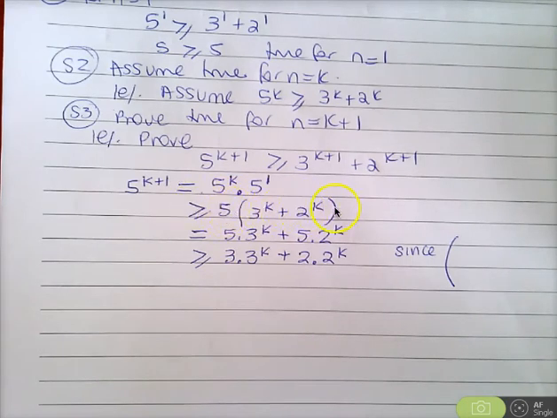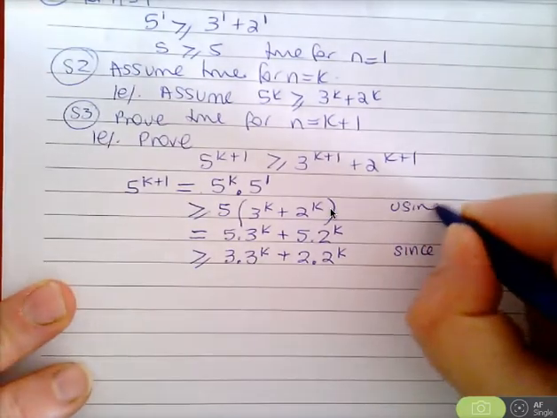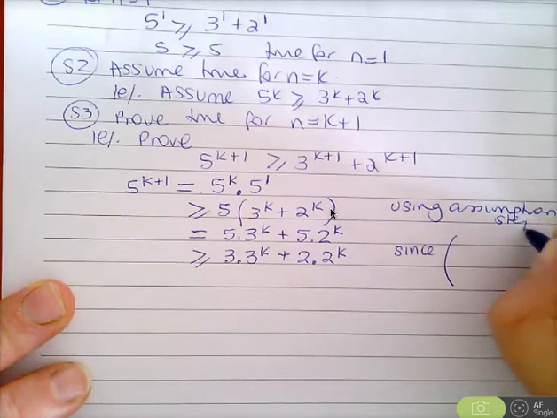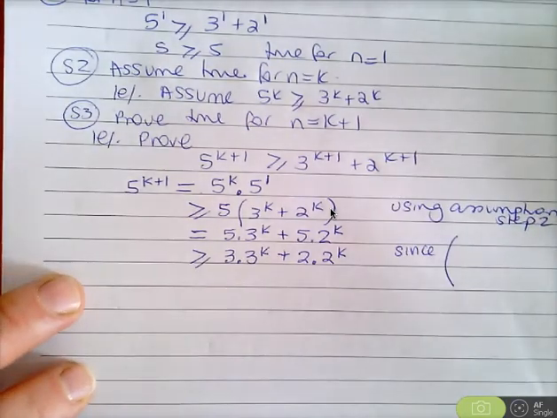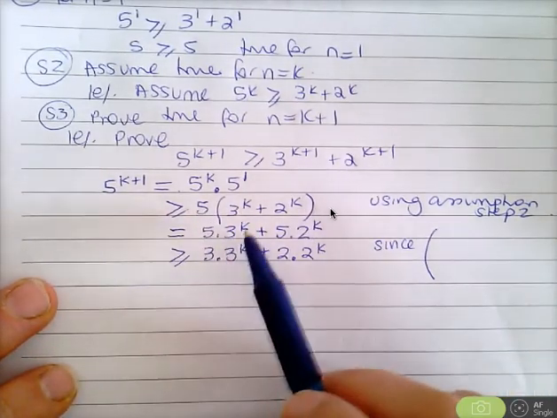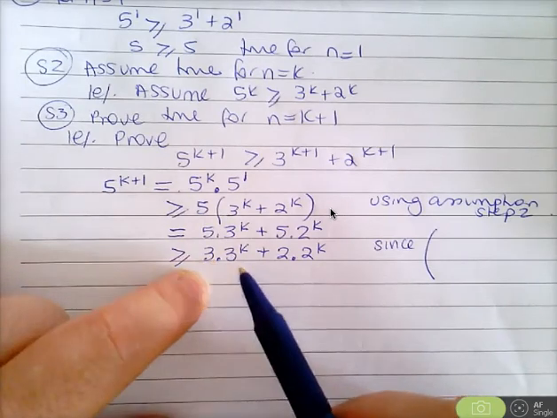Are you okay with this row here? Because we're replacing 5 to the k with greater than or equal to 3 to the k plus 2 to the k. So this is using the assumption in step 2. Remember, you must use the assumption. Now we expand. 5 times 3 to the k is definitely greater than 3 times 3 to the k.